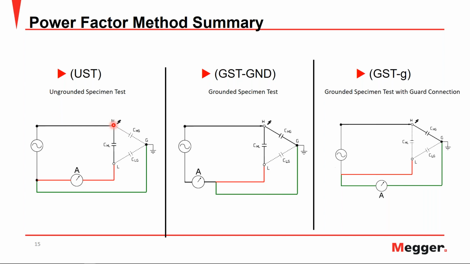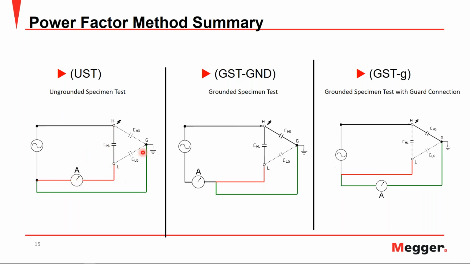We can actually sectionalize and isolate the insulation system using these different test modes, because we can see the grounded connection here in green, and we bypass the ammeter here. So the only tested insulation system here is your high to low insulation as measured by the red lead.